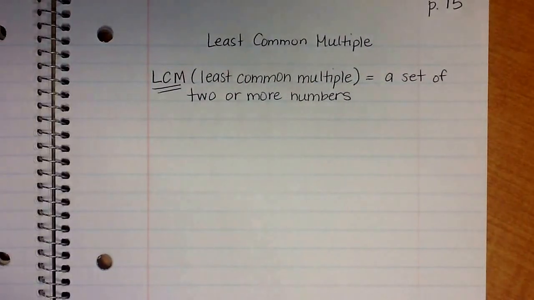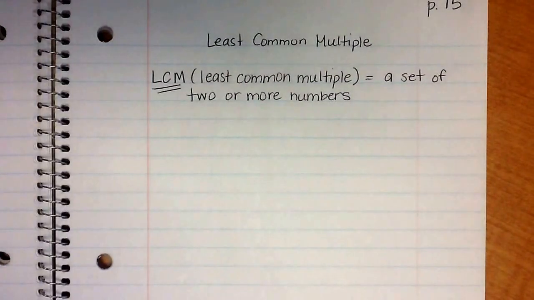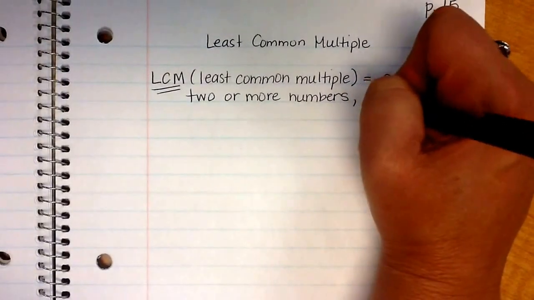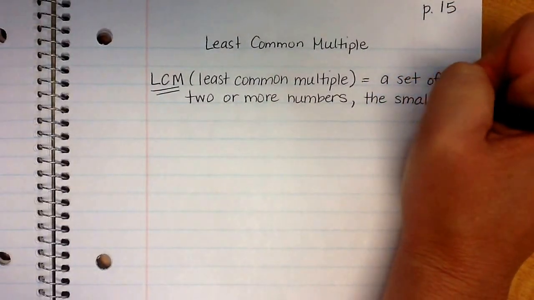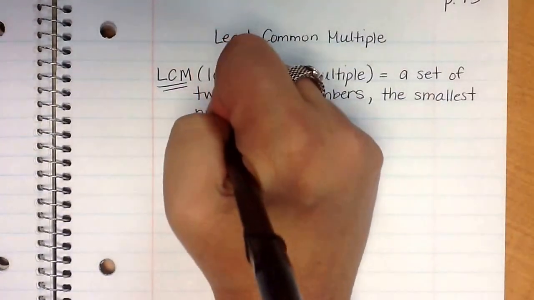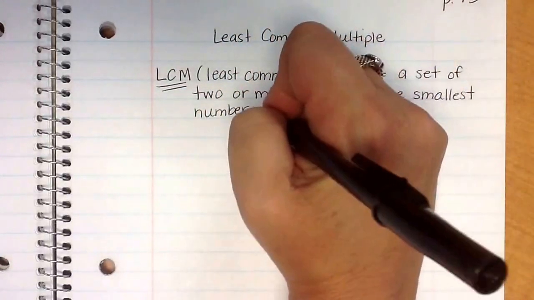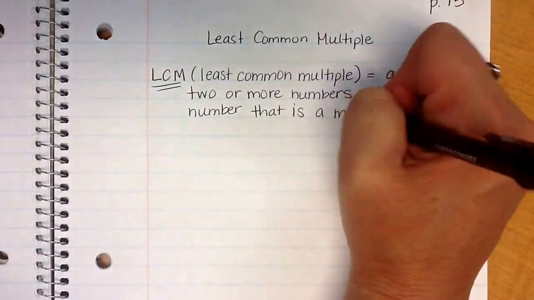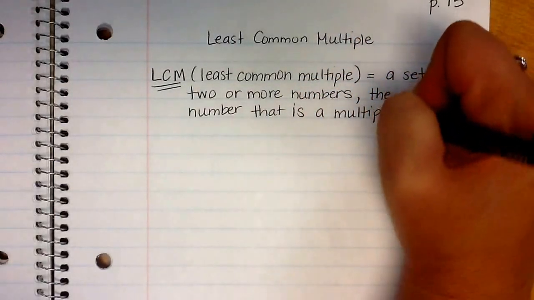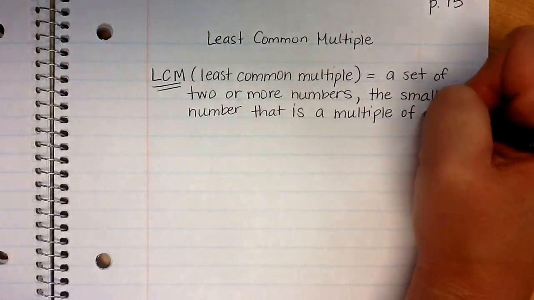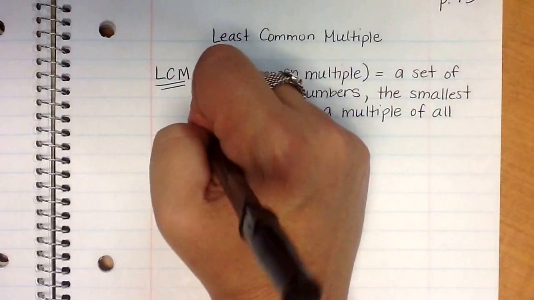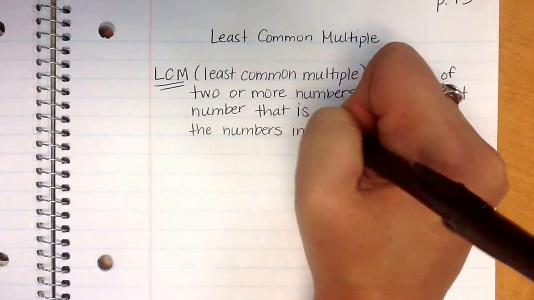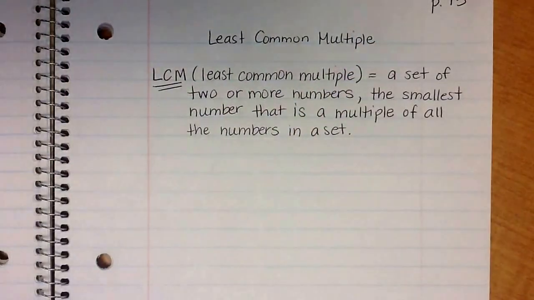You have a set of two or more numbers and it is the smallest number that is a multiple of all the numbers in a set. And go ahead and copy that down while I explain.